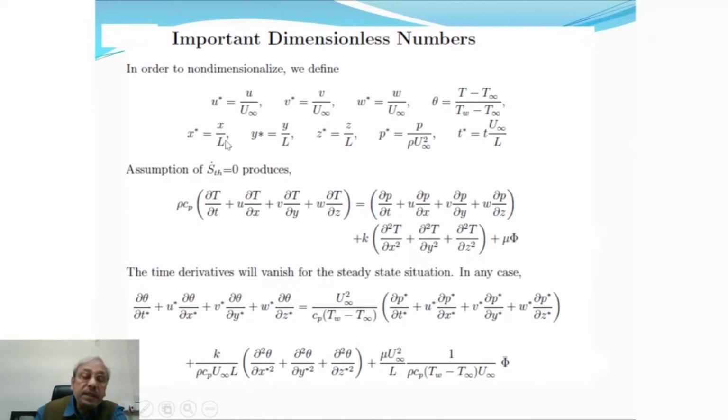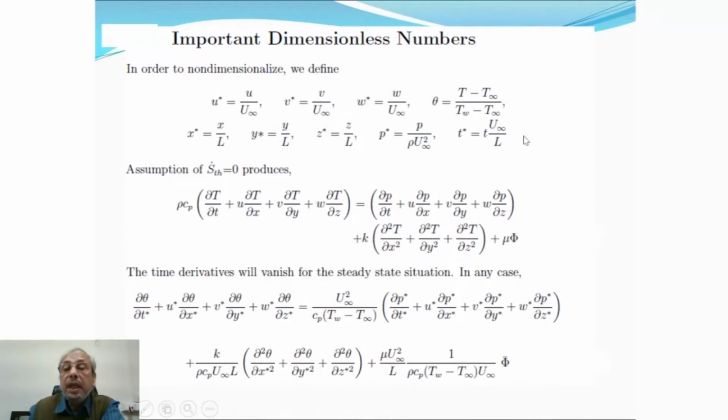x star, y star, and z star are the non-dimensional x, y, and z. These are non-dimensionalized by the reference length scale. Pressure is non-dimensionalized by rho u infinity square. Time is non-dimensionalized by the convective time scale. Now, the convective time scale is given by L divided by u infinity.